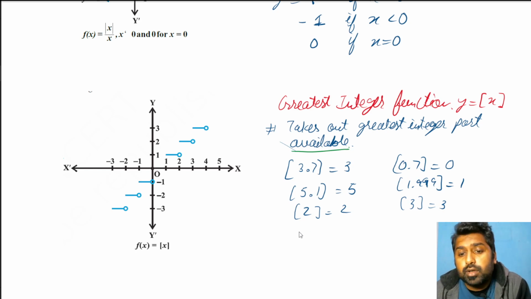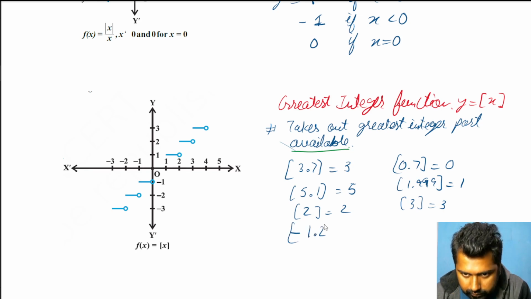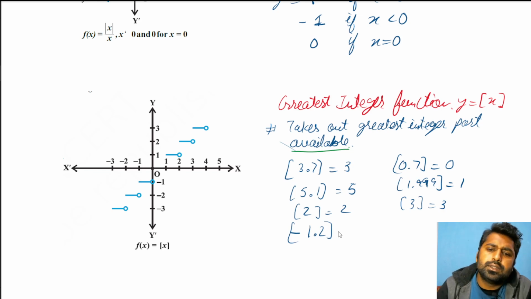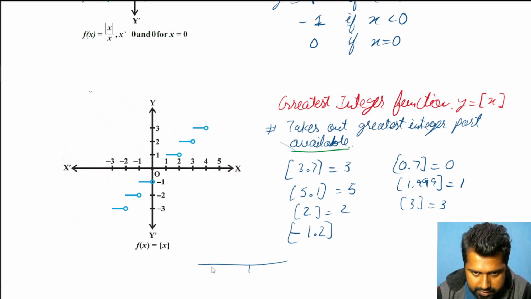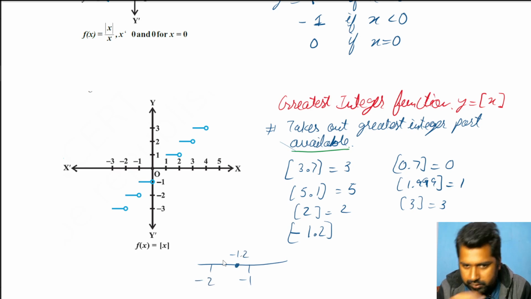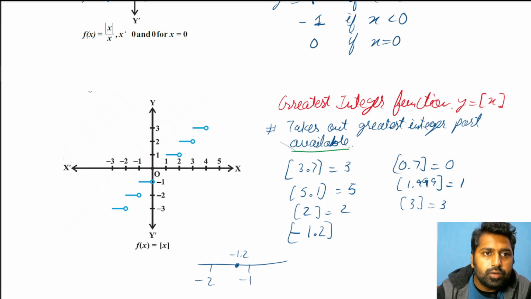Now let's talk about negative numbers. Let's take minus 1.2. Now you might think this may be equal to minus 1, but look at the number line. For this you have to understand how the number line works. Minus 1, minus 2. Minus 1.2 will be here.